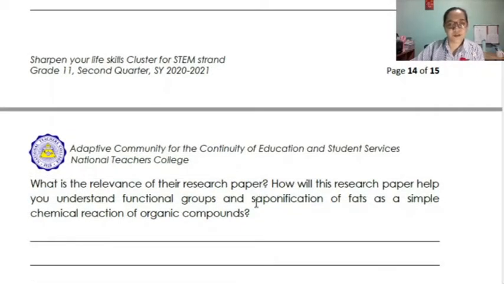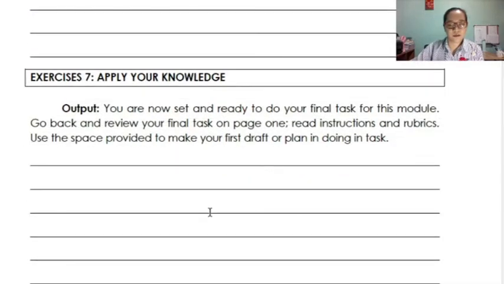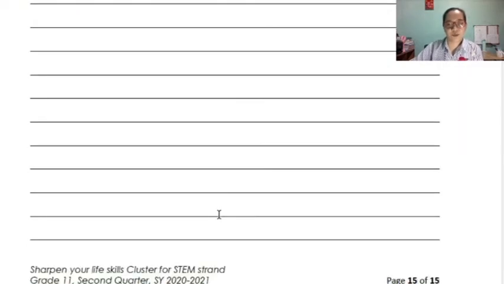How will this research paper help you understand functional groups and saponification of fats as a simple chemical reaction of organic compounds? And then you may put your answer in this space for exercise 7, the let's prepare, or you can make it printed for the literature review.